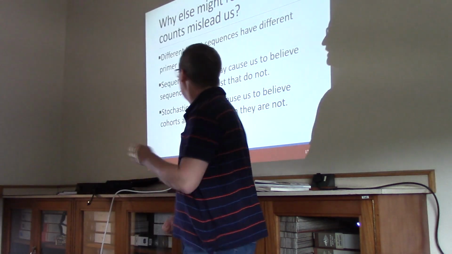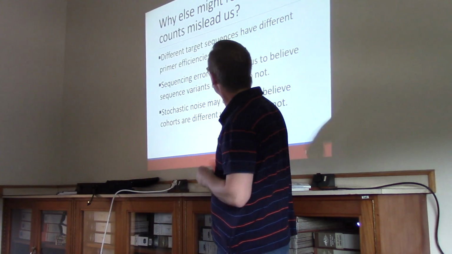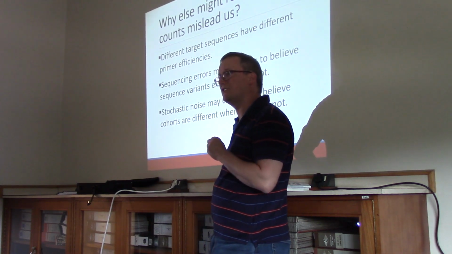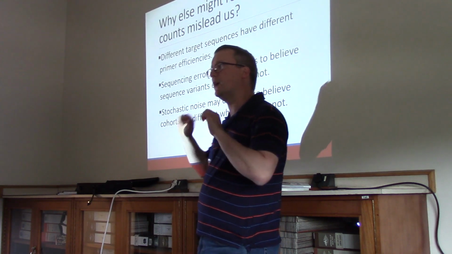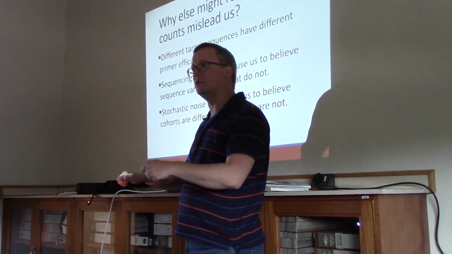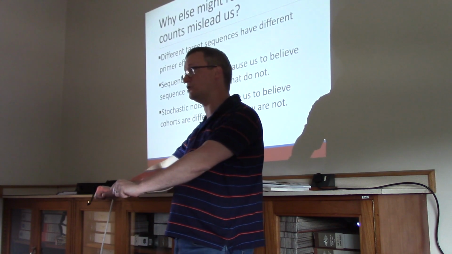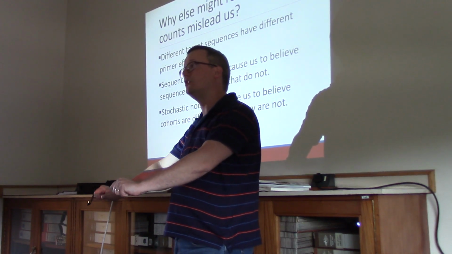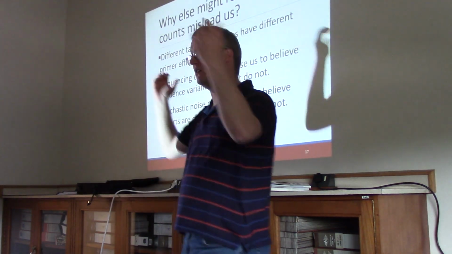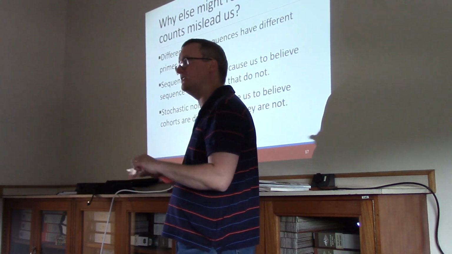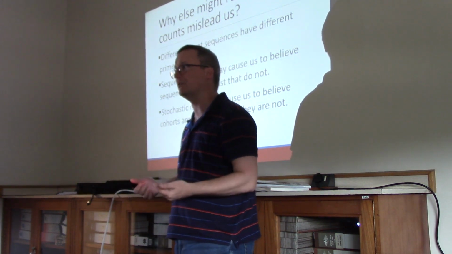How else could our counts mislead us? Different target sequences may have different primer efficiencies. If you're trying to get at a V1 region and you're using a nearly constant region, but not completely constant region, for your primers, you may find that you are omitting or diminishing the counts for a particular species because of that oddity in the sequences.